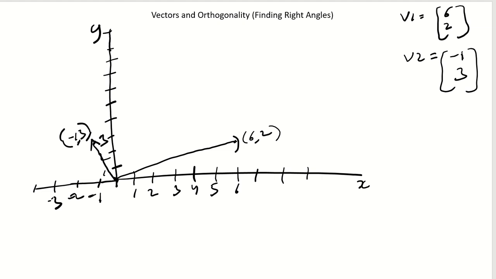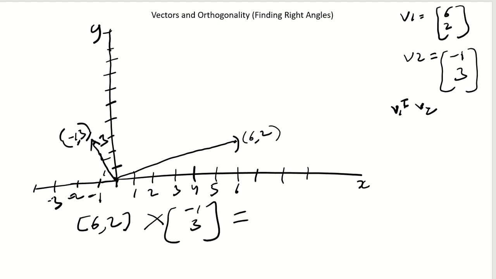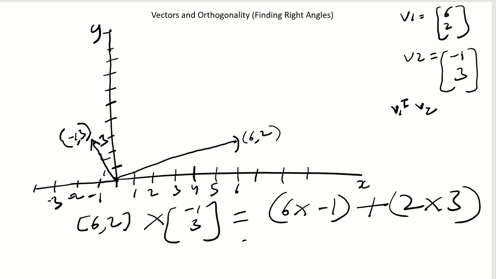So I'll just take the transpose of v1 to find the inner product of the vectors. We'll be calculating it like this: 6 into -1 plus 2 into 3, right?